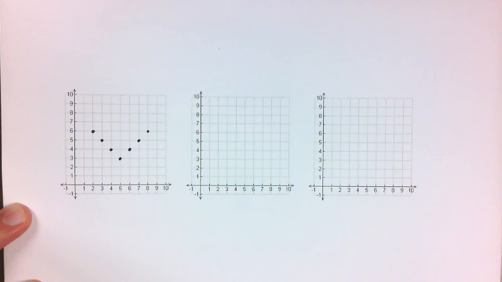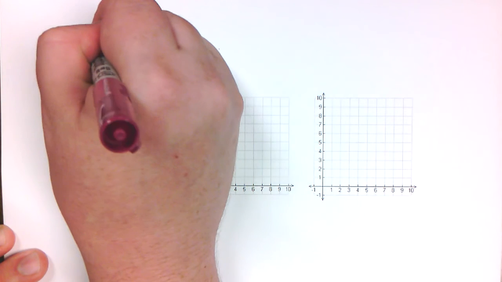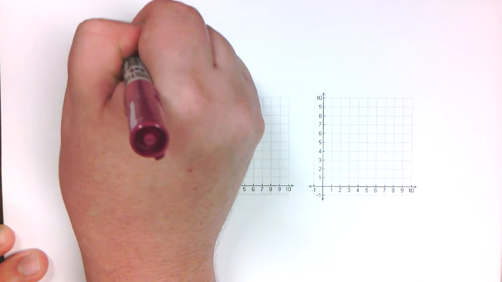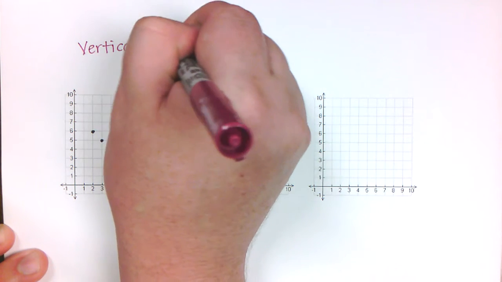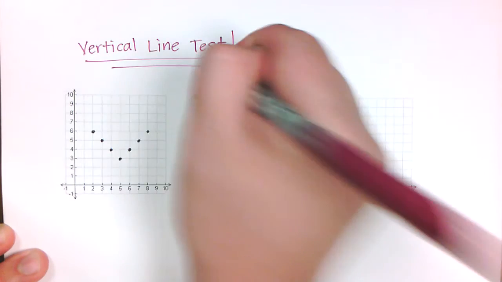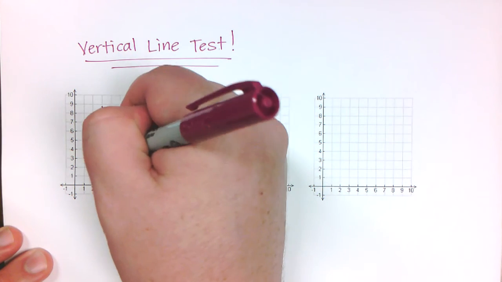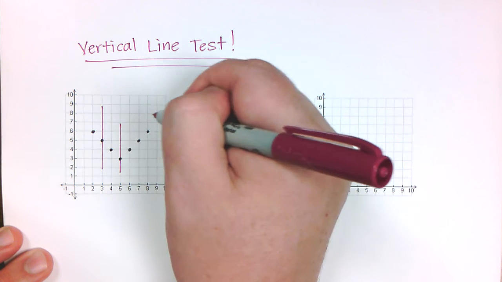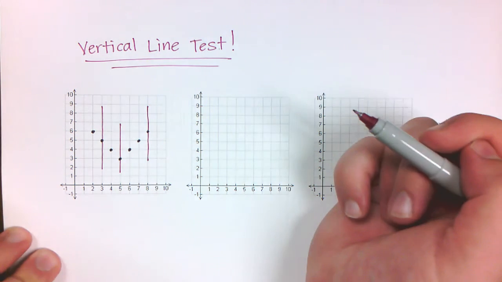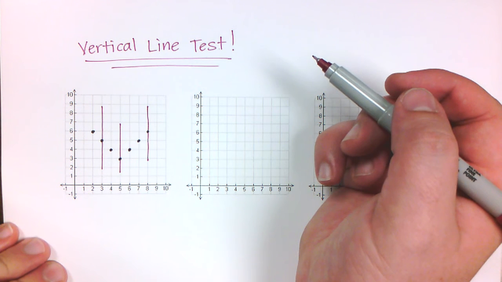Okay. The rule that I want to show you is called the vertical line test. And what this means is that if I can draw a vertical line anywhere on my graph, I'm going to just draw some random vertical lines, never will it pass through more than one point.